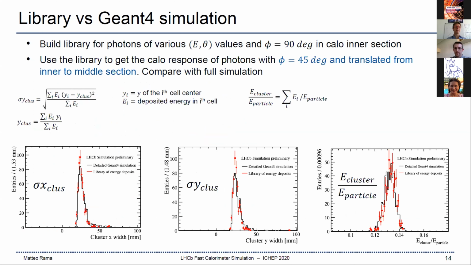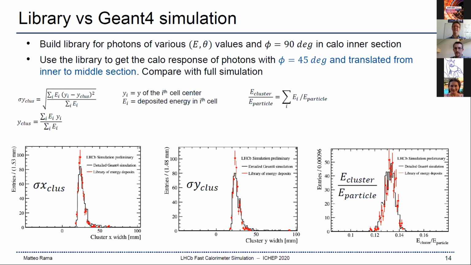Okay, so now let's see the comparison between the fast simulation of the calorimeter using the library and the Geant4 simulation, the standard simulation that we use in LHCb. We have built a library, as I said, with particles with an azimuthal angle of 90 degrees entering in the calorimeter inner section.